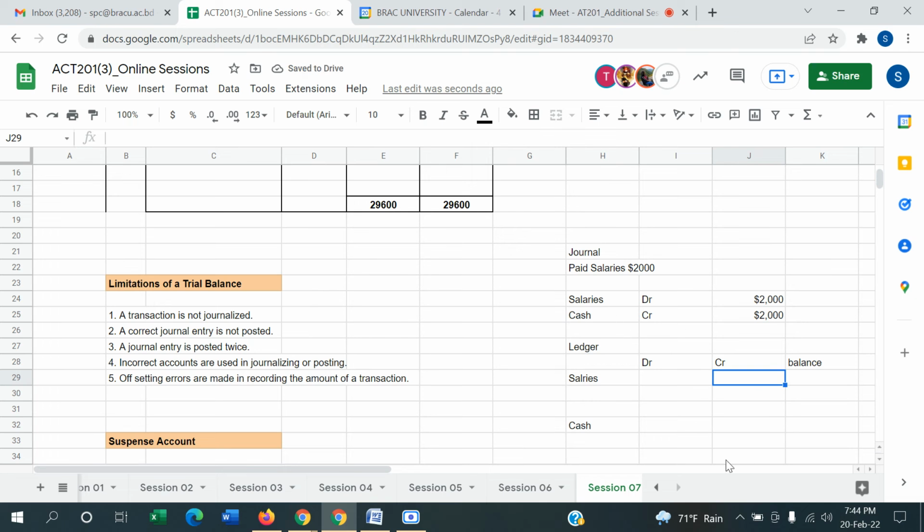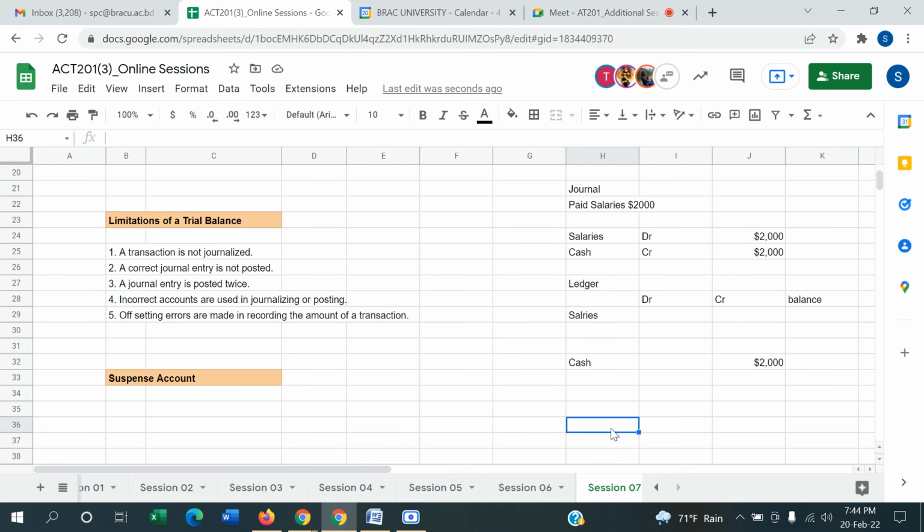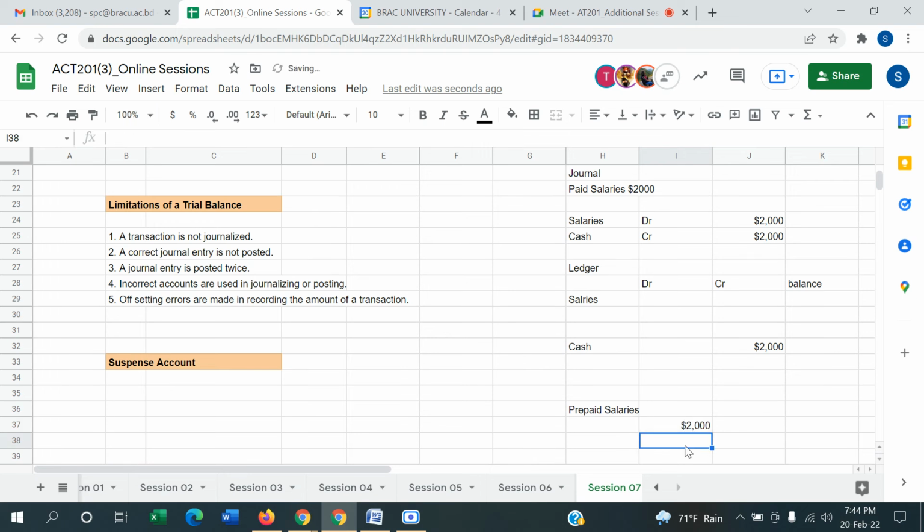Whenever we are transferring information, say cash has been transferred to the correct account, but at the time of transferring the salaries, say there is a prepaid salary account, and by mistake, instead of transferring it to the salaries account, we have transferred it to the prepaid salaries account. Is it a mistake?